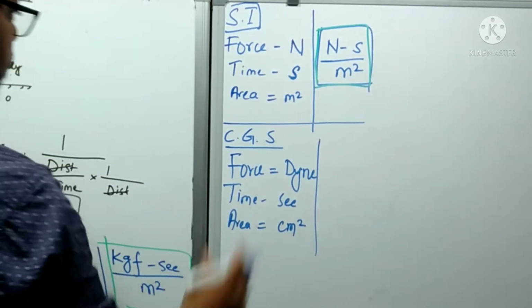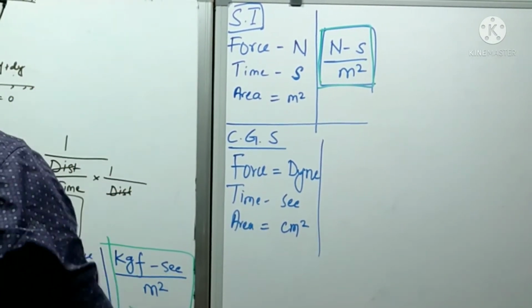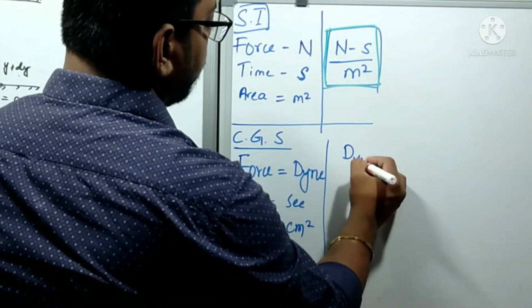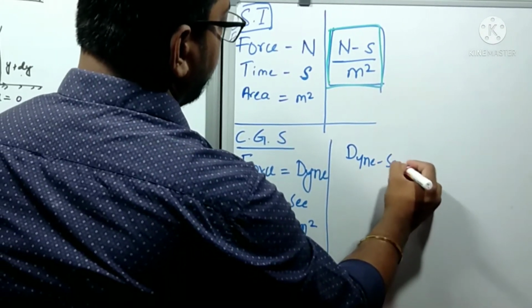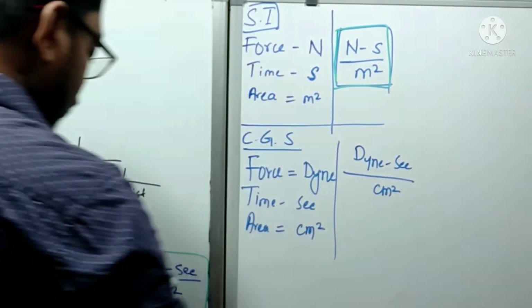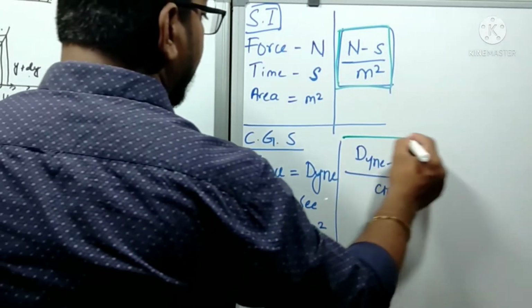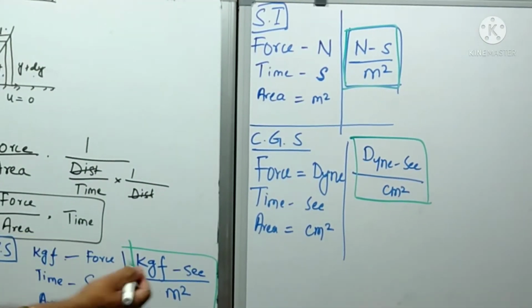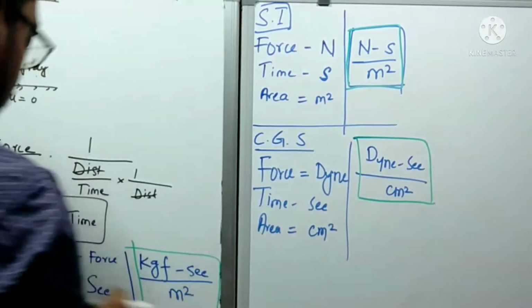Then the derived unit of dynamic viscosity in CGS is dyne second per centimeter square. Clear? So, that is the MKS unit, that is the SI unit, and that is the CGS unit.